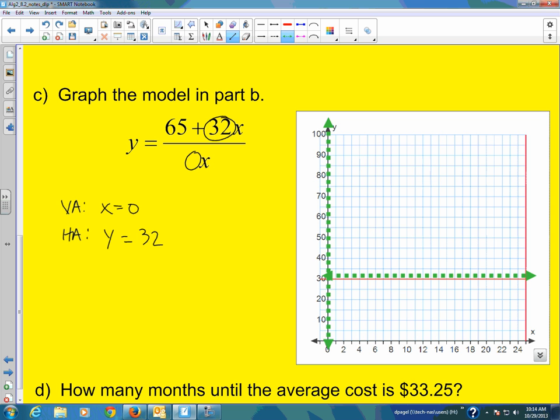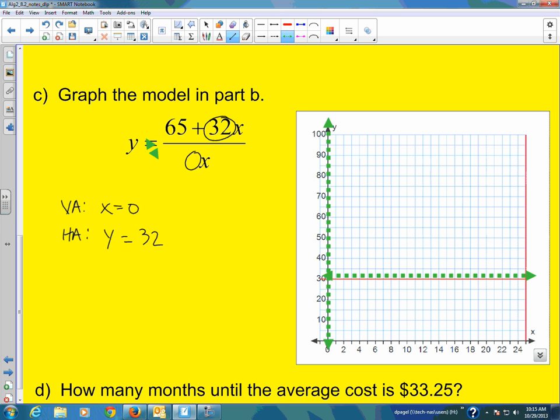So even though we have a rational function that usually generates these branches, and they're usually in a diagonal relationship to one another, but not always, I'm only going to focus on one of those branches because the application applies to the fact that I can't have negative months. So I'm only going to be dealing with positive months.